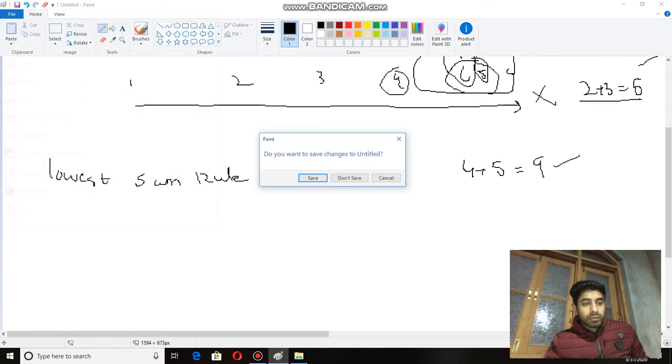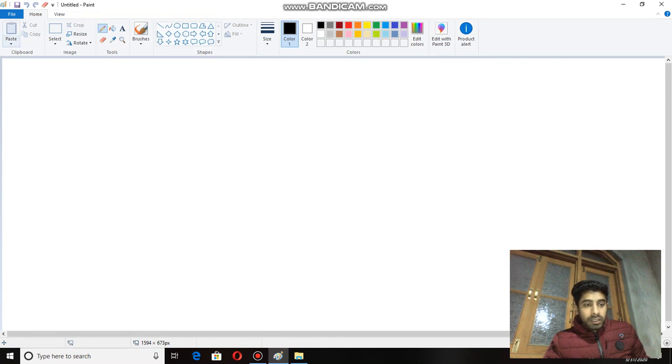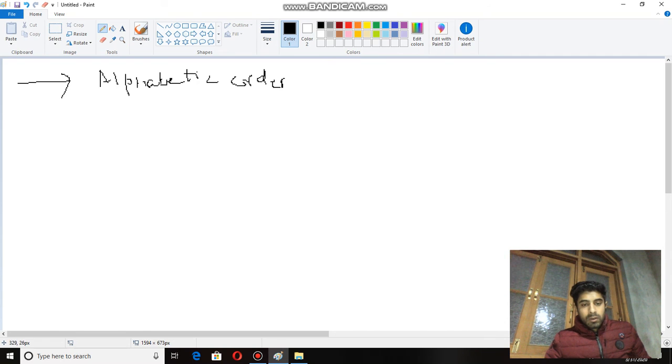So let's move further to the next rule, and that is alphabetic order. What do I mean by that? For example, let's have a compound like this and it has got two substituents.